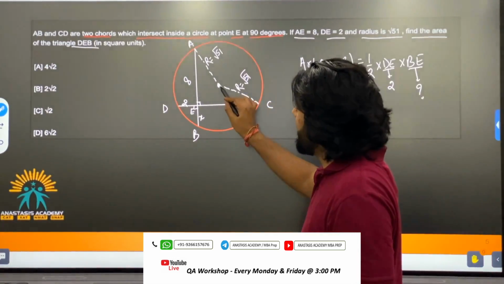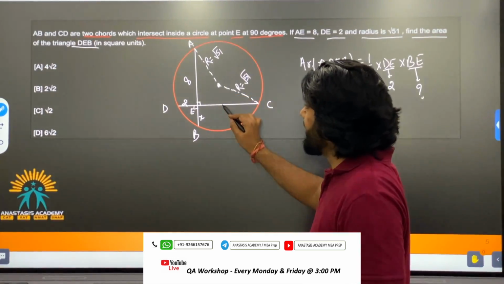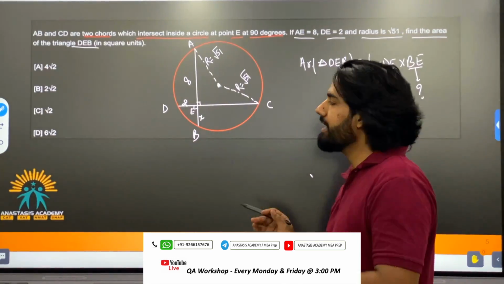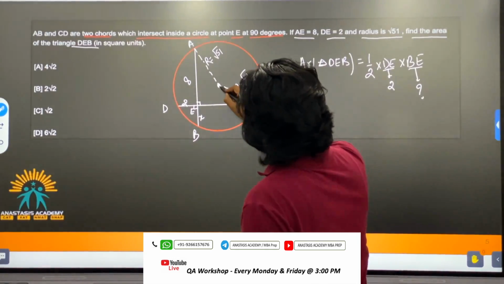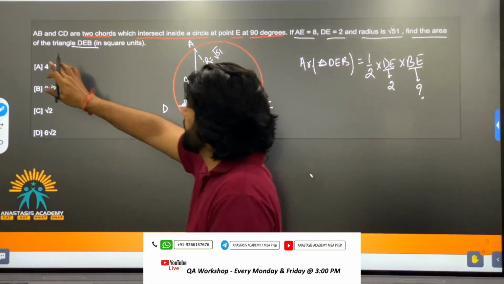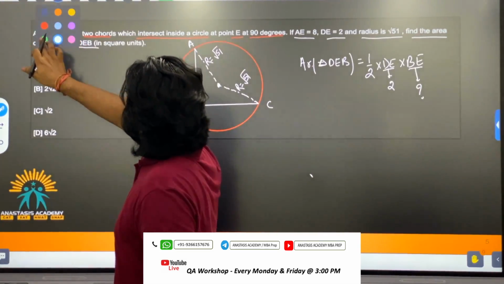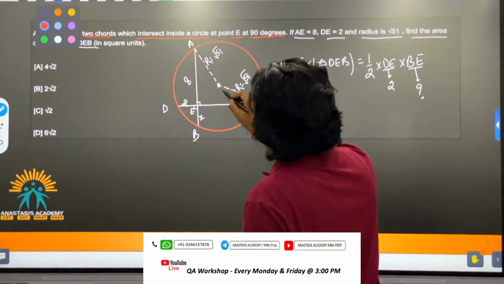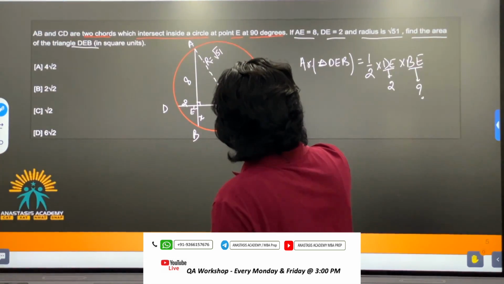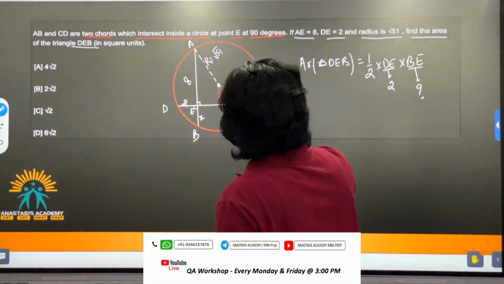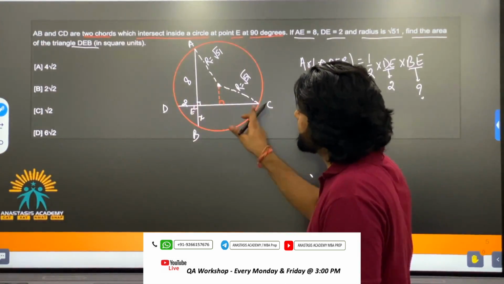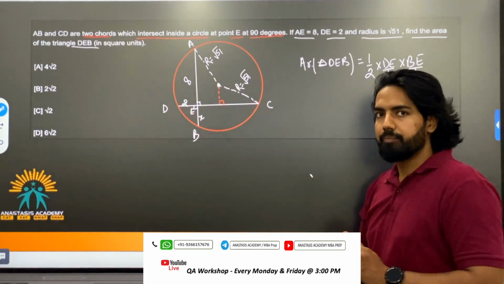So I am dropping the perpendicular. It will bisect this chord CD.